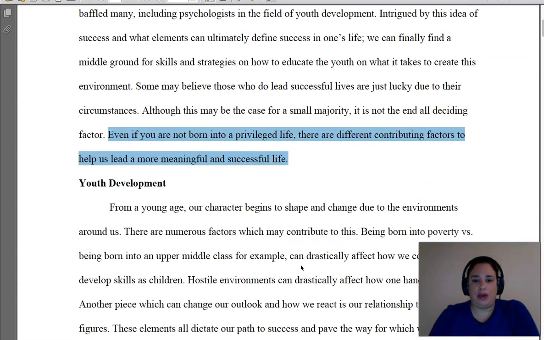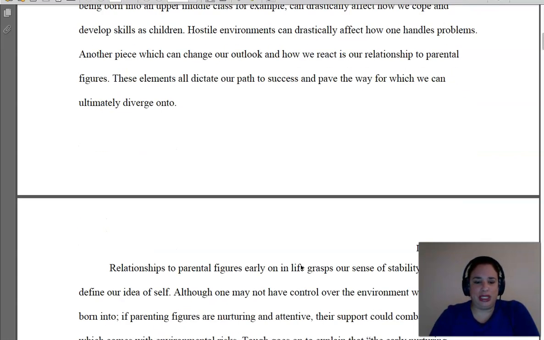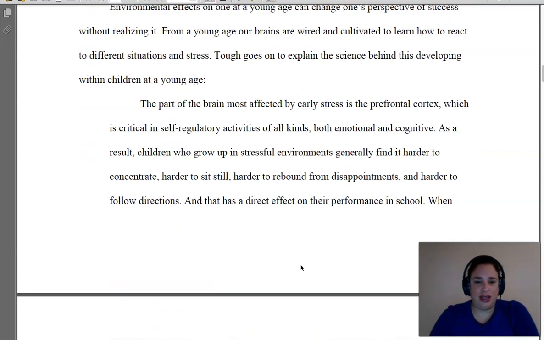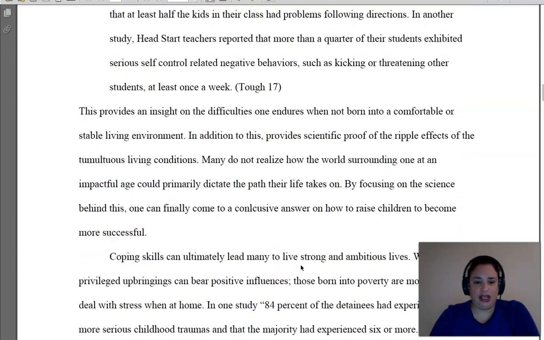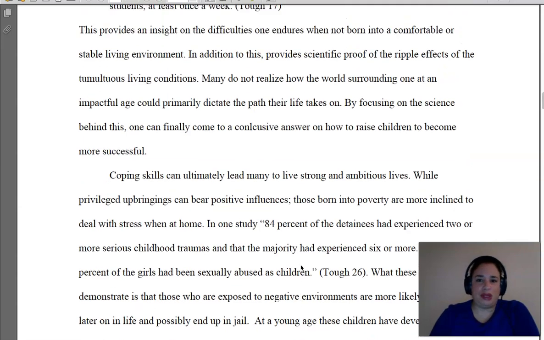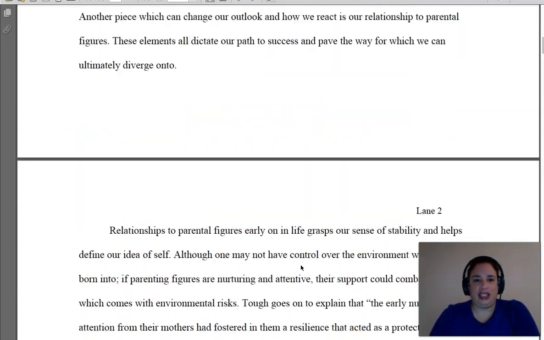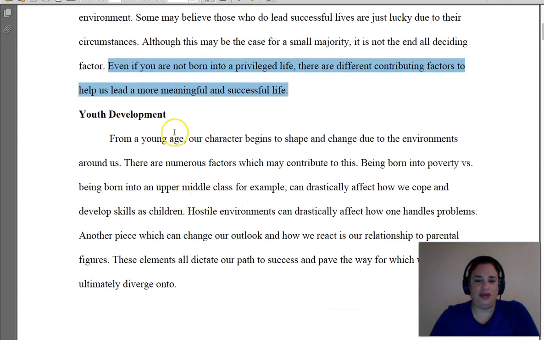Okay, but what I really want to point out are she now has sections. So I believe she does it chronologically. Maybe not. Let us see. So her first section is youth development.